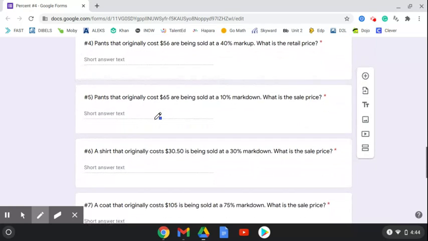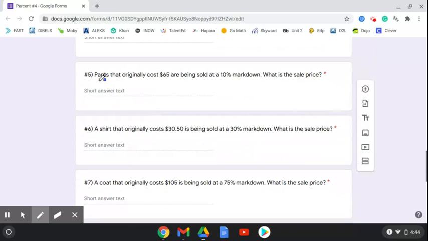Okay, let's do a sell price. Let's do number 5. Pants originally cost $65, which would be 100% of the cost. Right, that's the full amount, $65. But it's being sold at a markdown of 10%. So I'm going to subtract 10% from 100, which would give me 90%.